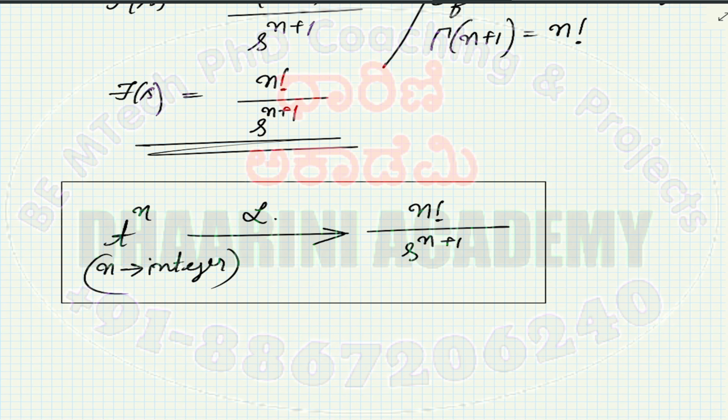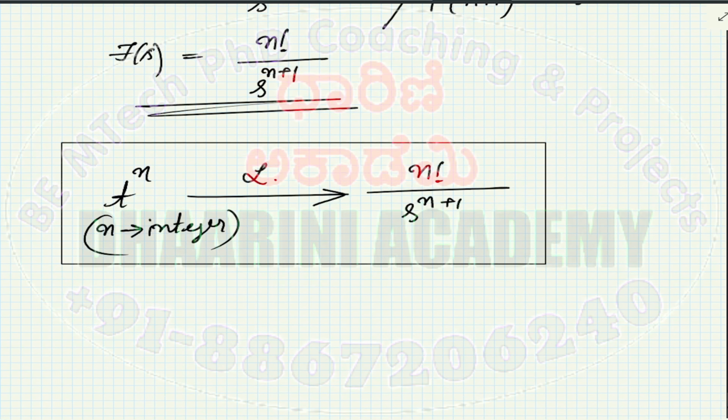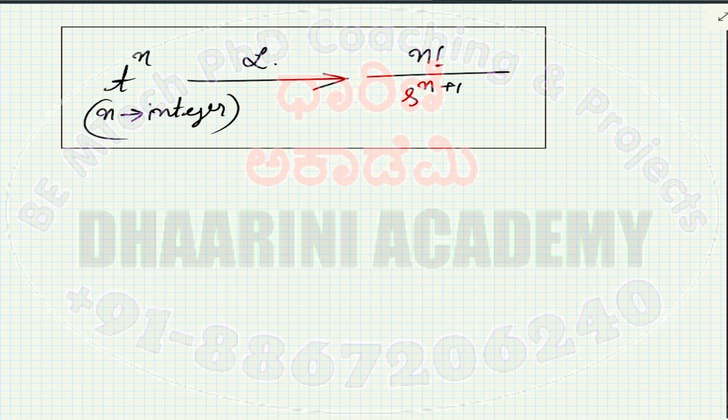All right, so now I want you to keep the table ready with you so that we can solve the very basic problems by simply looking at the table and making a substitution.